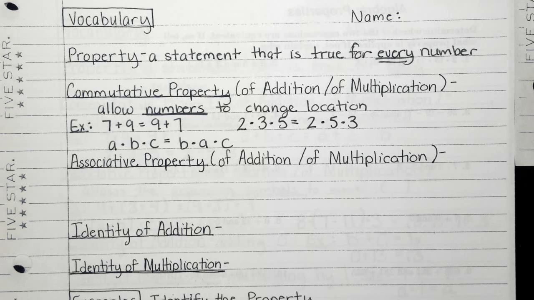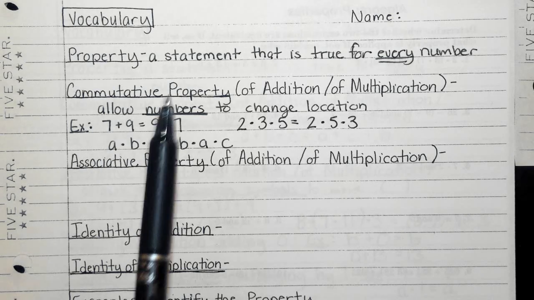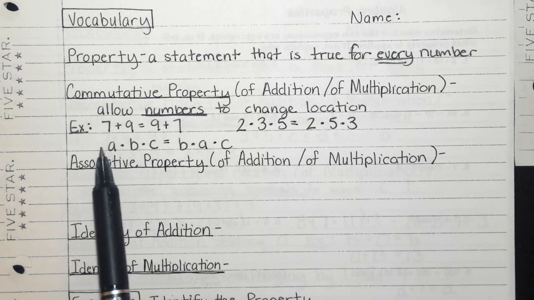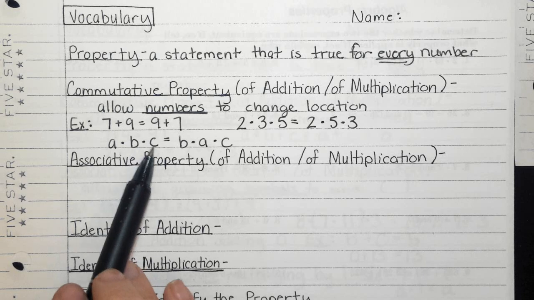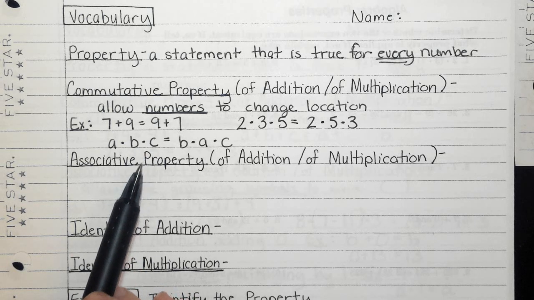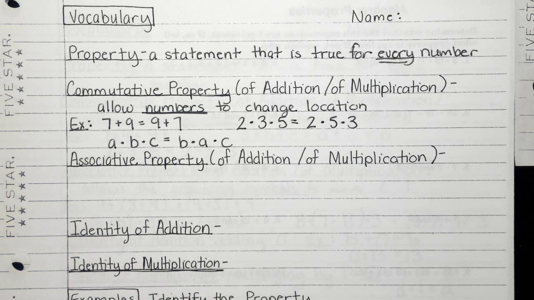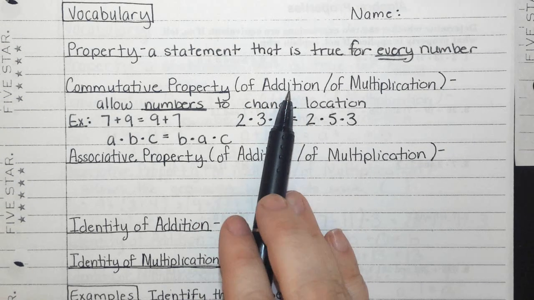I understand that B is always going to be in the front, but what if C just goes in front of A? So C can't jump in front of A because then B might get mad. All right? But I can change places with C and B. Then on the next step, I can move C with the A. But you can't jump. They can only move next to each other. All right? And the reasoning behind that, guys, is this is the property of addition.